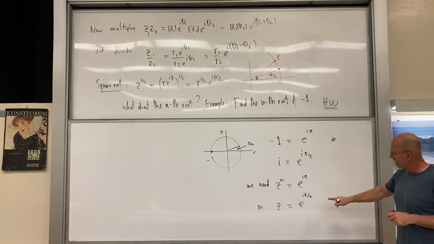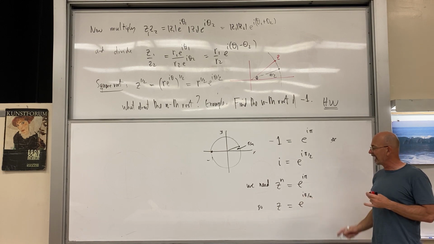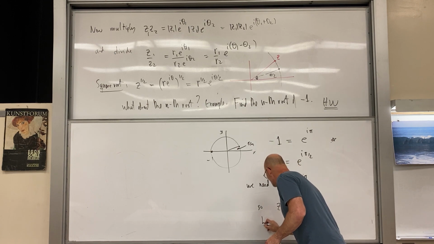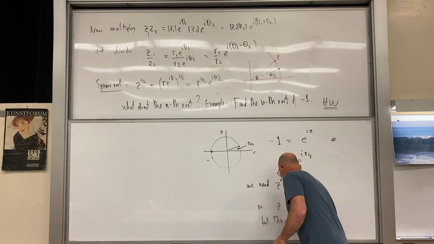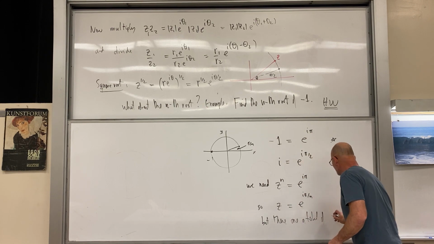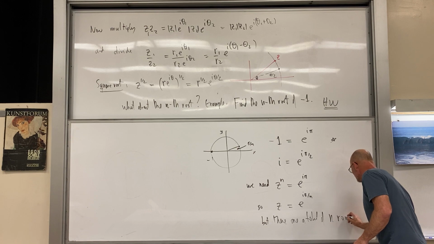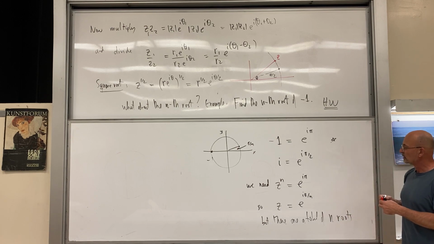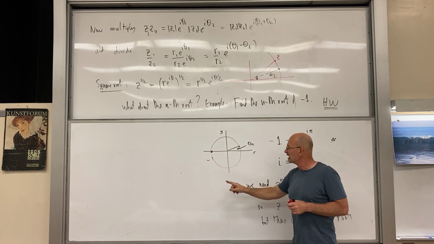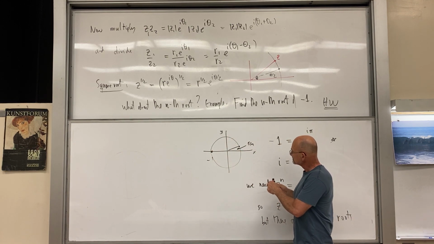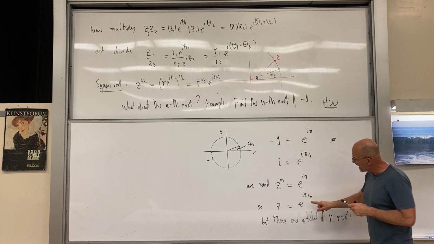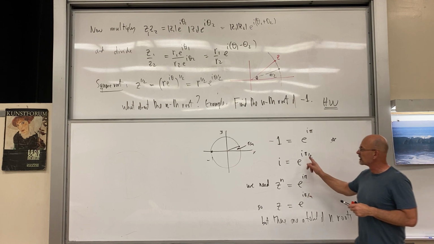But here's the thing: this is one root, but there are n minus 1 more of them. There are a total of n of these roots, and they're all placed somewhere along the unit circle, such that when you take n times that angle, it turns into pi.